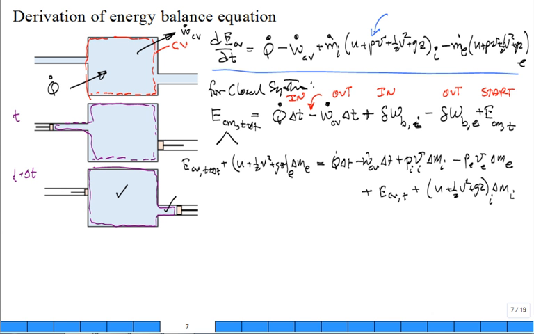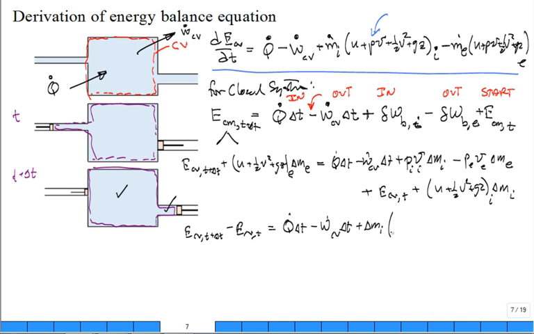So let's group terms. I'll have energy in the control volume at t plus delta t minus energy in the control volume at t equal to Q dot delta t minus W dot CV delta t. Now I need to start grouping terms. So what we'll do is we'll have everything multiplying delta m in.